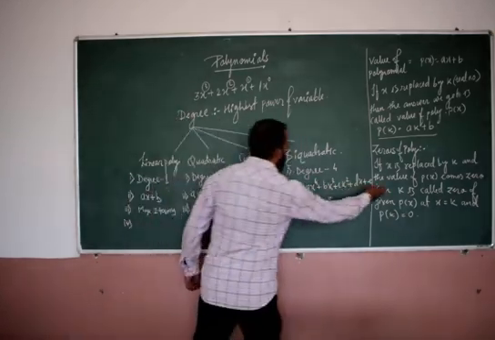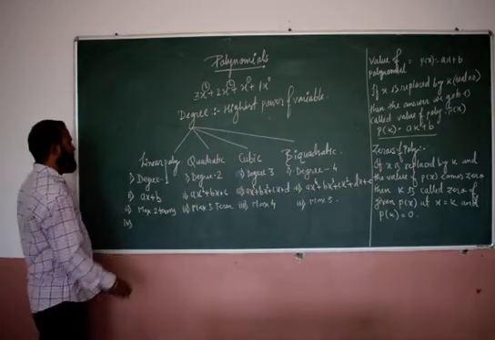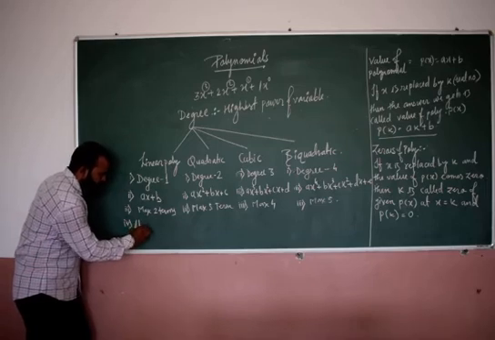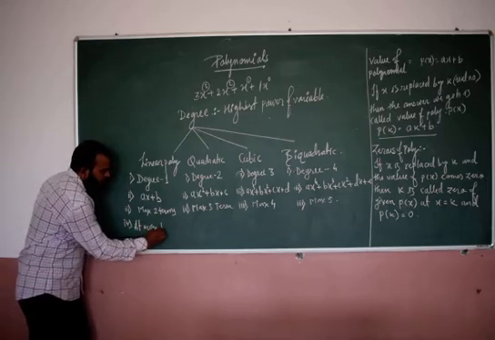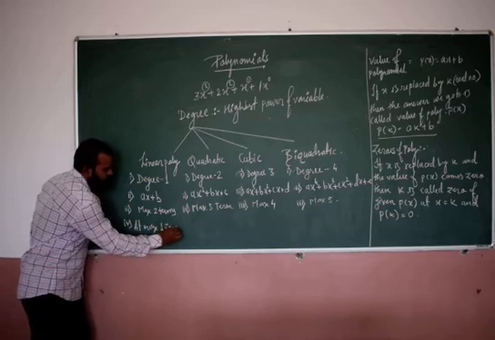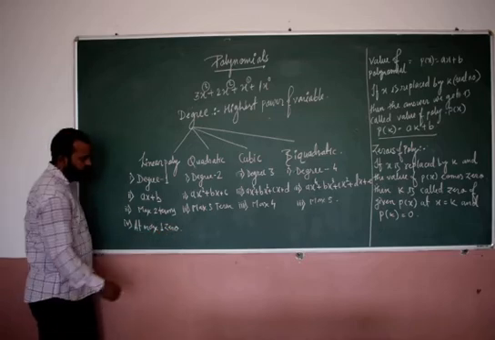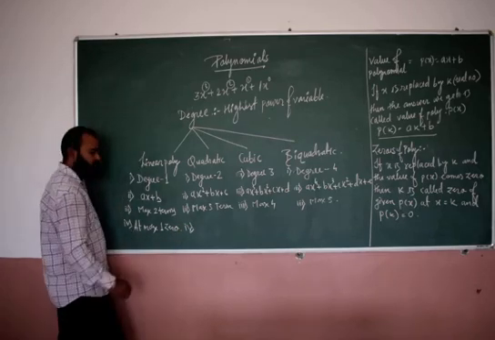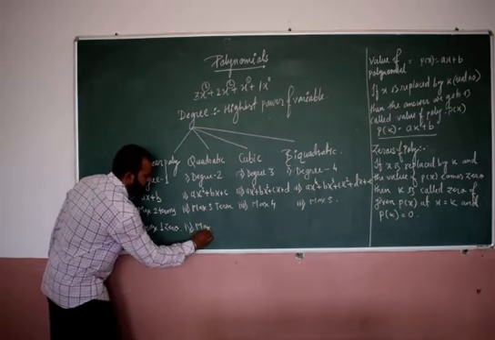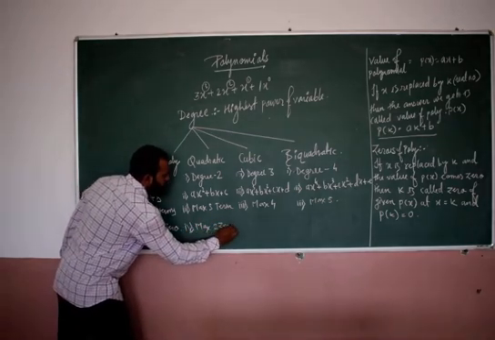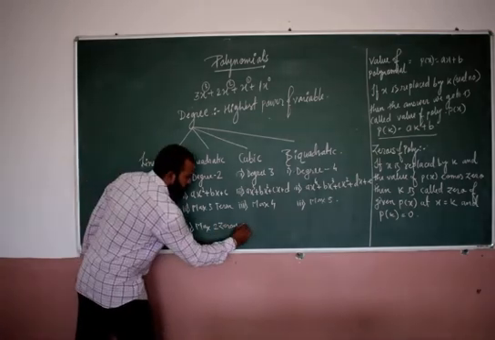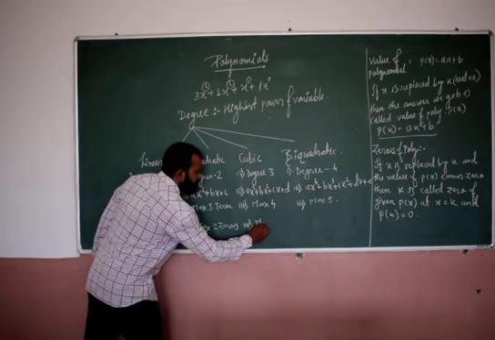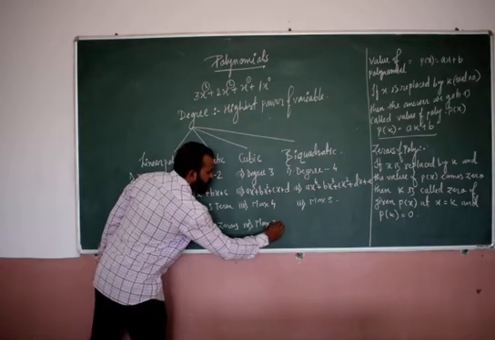On that basis, we can also mention one thing: a linear polynomial has at max 1 zero. A quadratic polynomial has maximum 2 zeros. A cubic polynomial has at max 3 zeros.